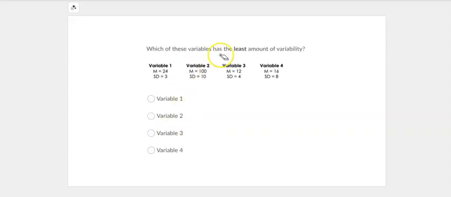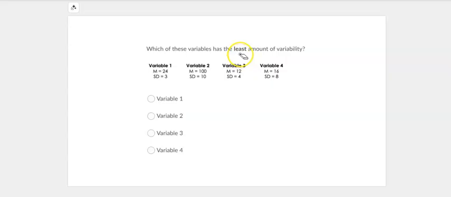So which of these variables has the least amount of variability? You can take the standard deviation divided by the mean value, and then multiply by 100. If the percentage is greater, that is more variability.